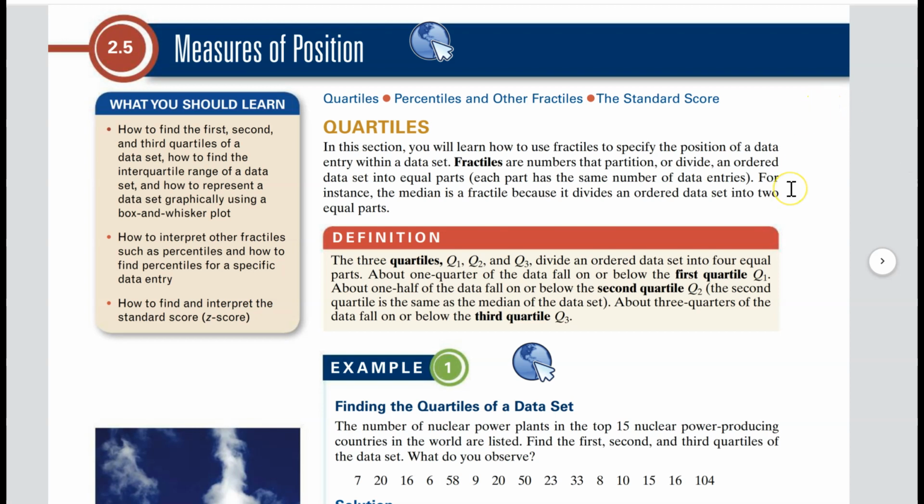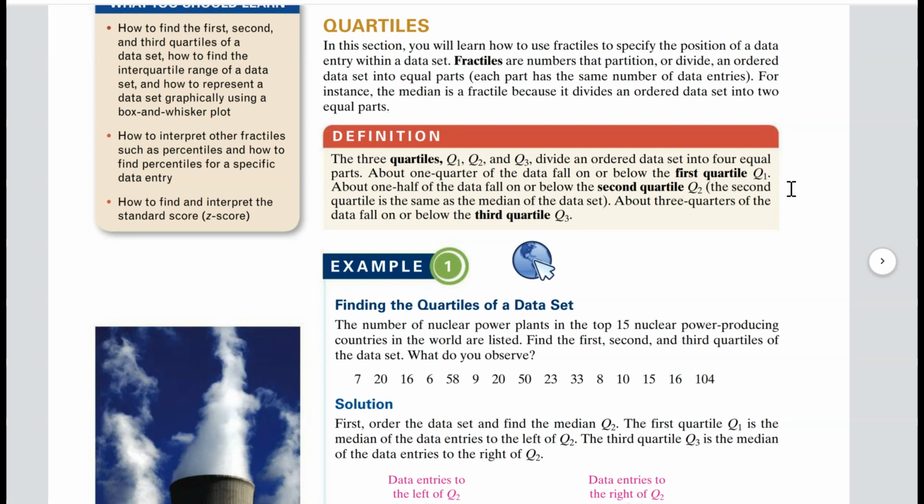All right, so first thing we're looking at here are quartiles. In general, we're talking about fractiles. Fractiles are numbers that partition or divide an ordered data set into equal parts. Each part has the same number of data entries. For instance, the median is a fractile because it divides an ordered data set into two equal parts.